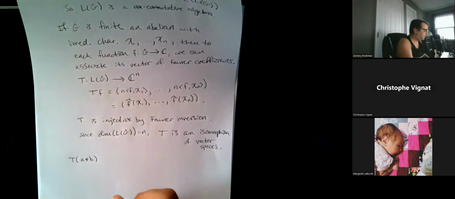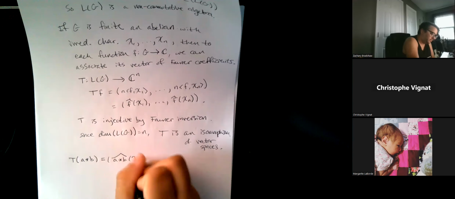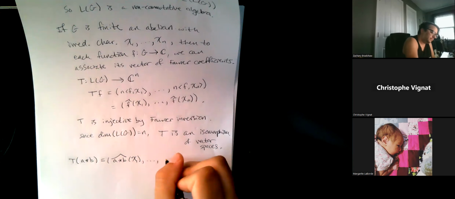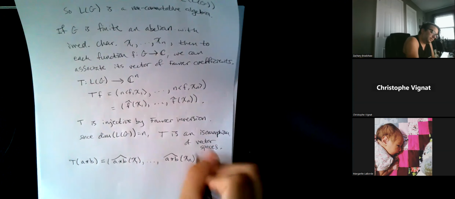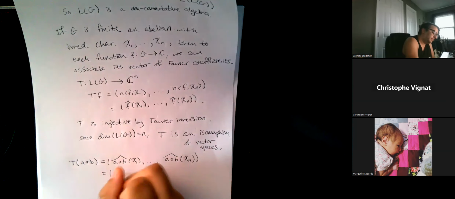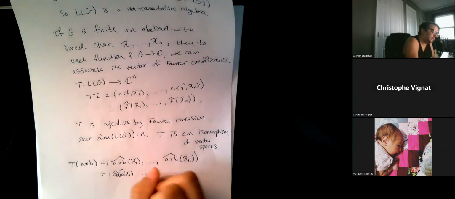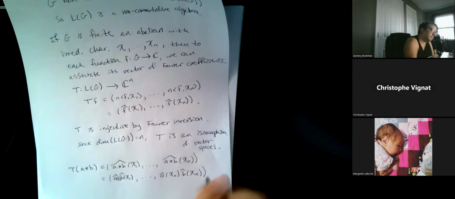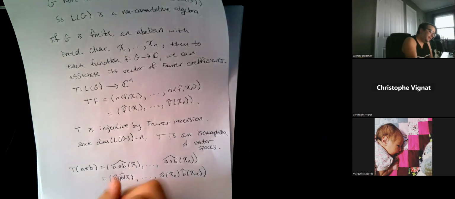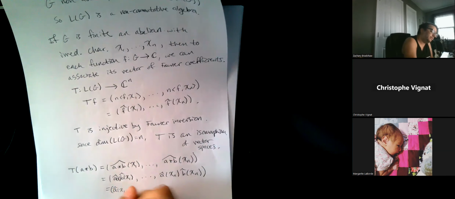If you apply T to a convolution of A with B, well, then this is equal to the Fourier coefficients of the convolution. And then we invoke the convolution theorem. This is the Fourier transform of A, times the Fourier transform of B, evaluated at chi1. Maybe I'll just go ahead and skip a step and write the chi1 in here. Okay. And we can write this as the pointwise multiplication of two vectors.